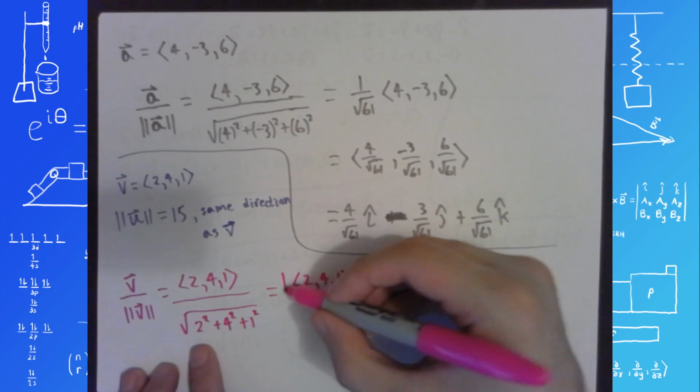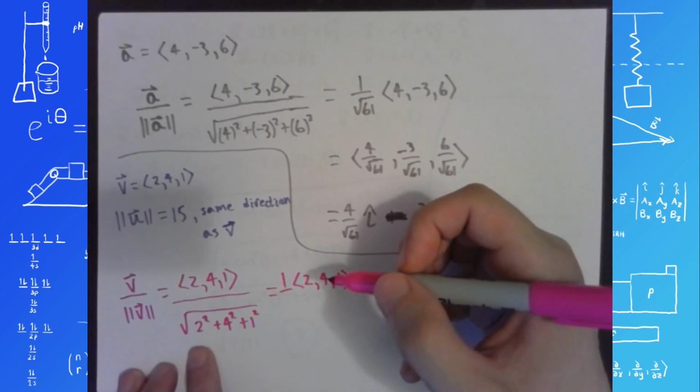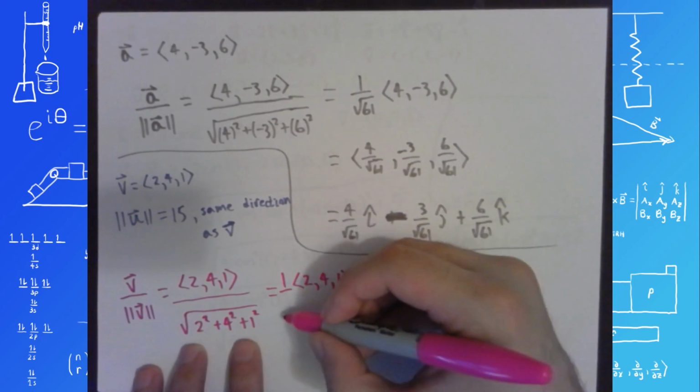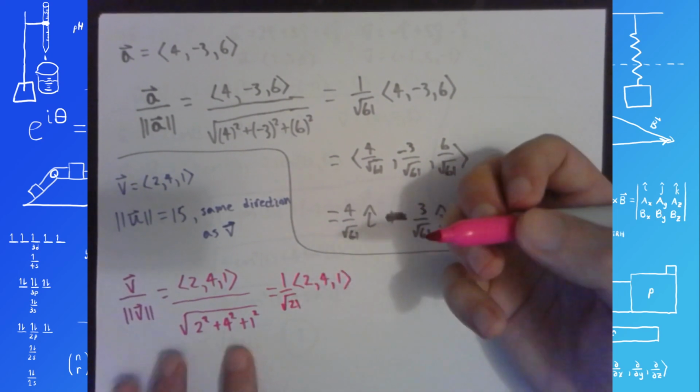Let's see, that's going to be 1 over the square root of, 4 and 16 is 20, and then plus 1, that's 21. So 1 over the square root of 21.